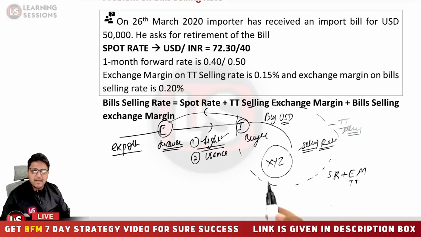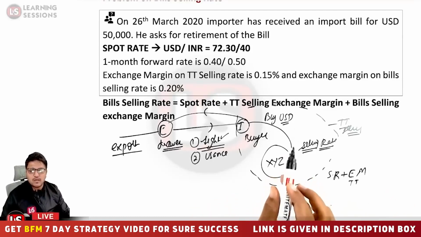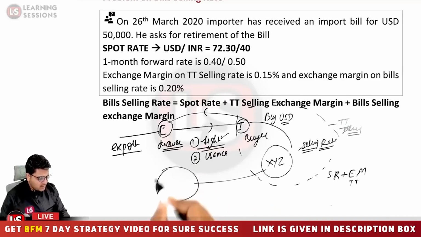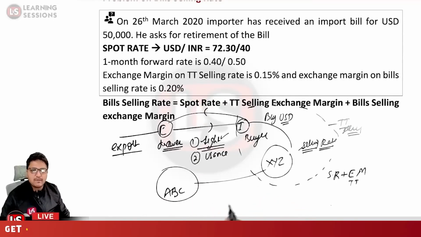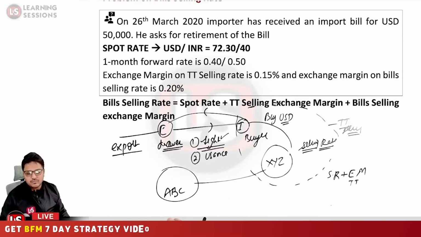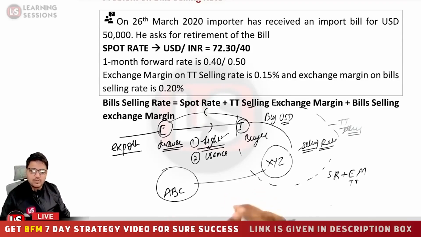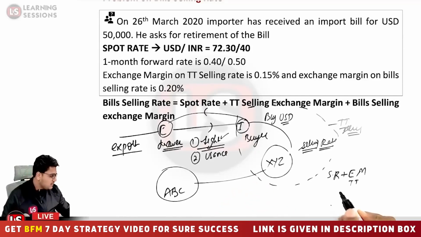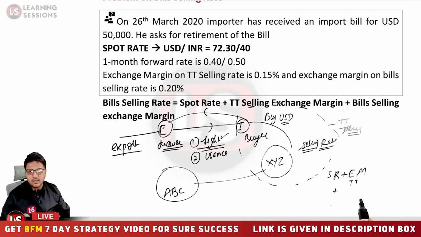Now, once the bank has issued the USDs to the customer, the transaction is yet not completed. XYZ bank, through the correspondent bank, will be retiring the bill, and definitely that's going to take some time. That is why it is said to be the bills selling rate which is applicable for the transaction, and for that purpose the exchange margin for the bills rate, the bills selling exchange margin, will be added up.